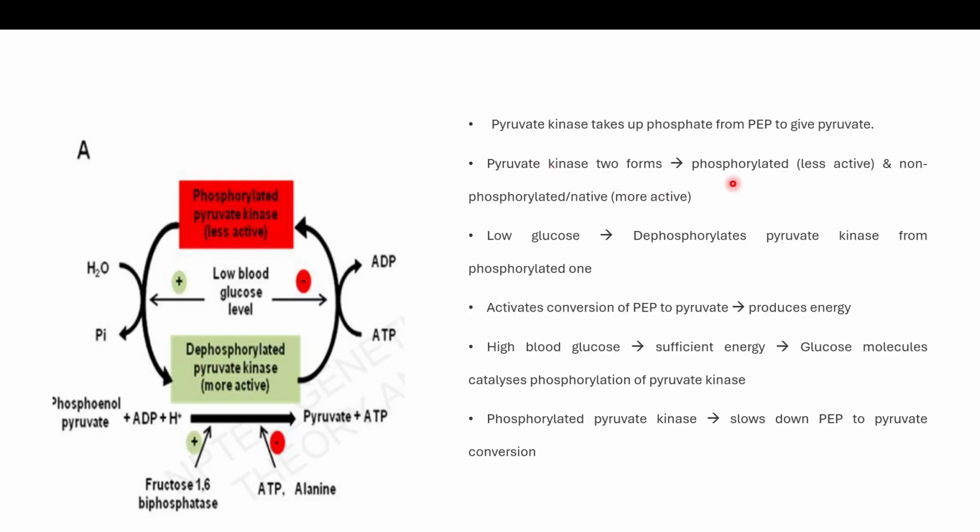One is the less active phosphorylated form, and the other is the non-phosphorylated or native form, which is more active. Under low glucose conditions, pyruvate kinase is dephosphorylated, which helps in the conversion of PEP to pyruvate and produces energy. But under high glucose conditions, pyruvate kinase is phosphorylated and it slows down the conversion of PEP to pyruvate.